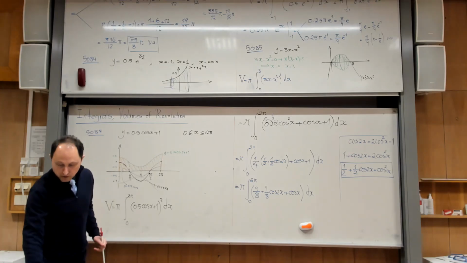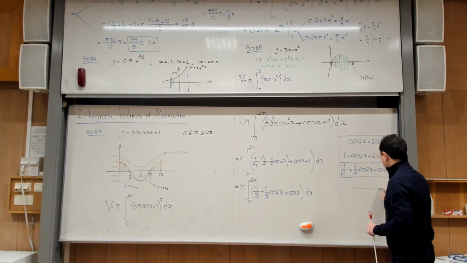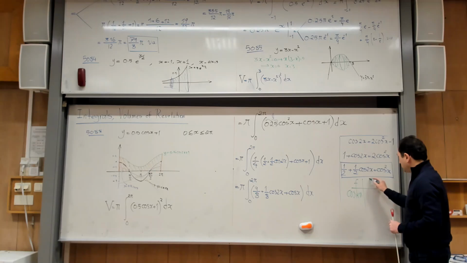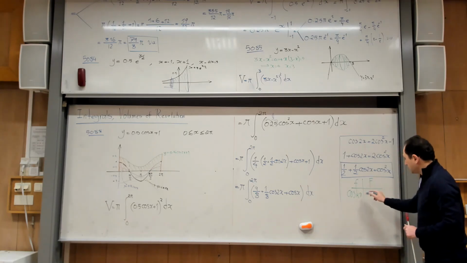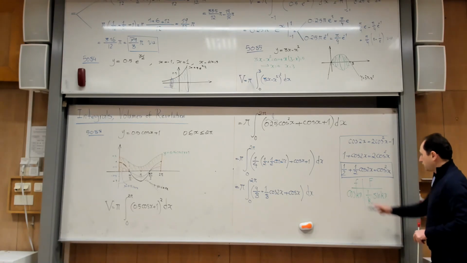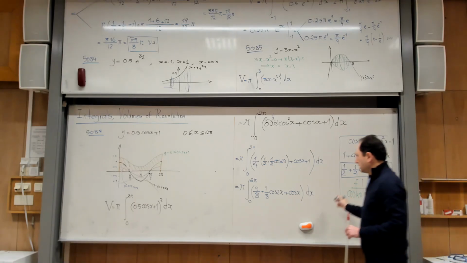But let me remind you, do you remember the formula for primitive function for cosine? If you have cosine kx, a primitive function for this is 1/k sine kx. So I want to use this, which is again in the formula sheet. That's the integral table.